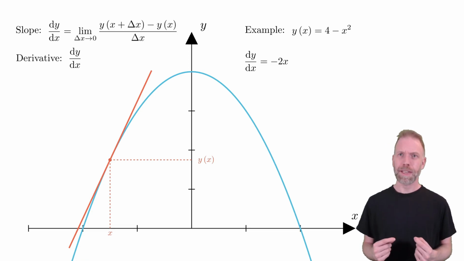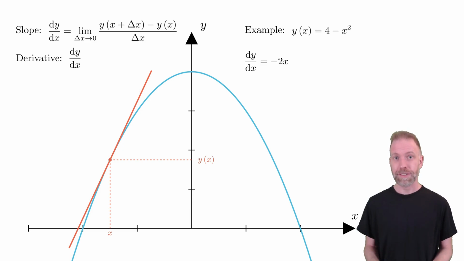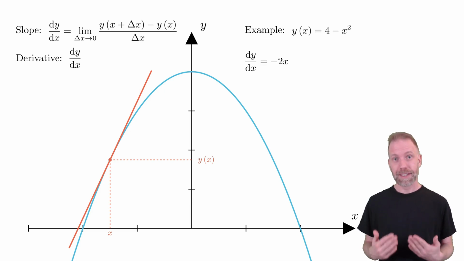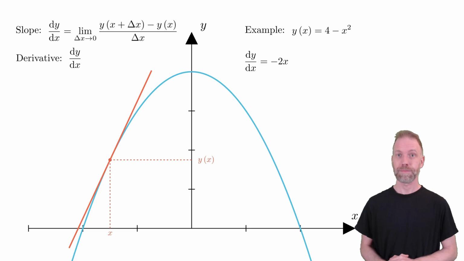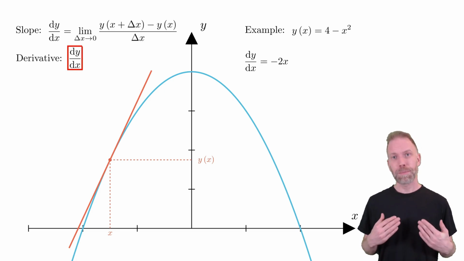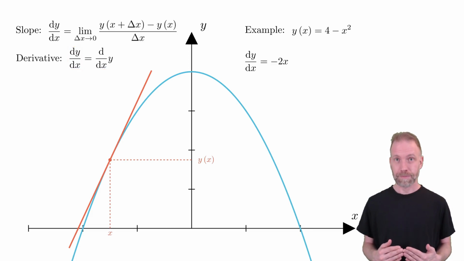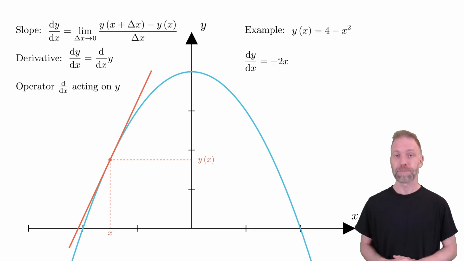I will assume that you already are familiar with this result and know how to calculate the derivative of our basic fundamental functions in math. But it's still good to have a repetition of how to derive the expressions. To be a bit more mathematical, we can talk about the derivative operator d dx. This operator will act on the function y of x.